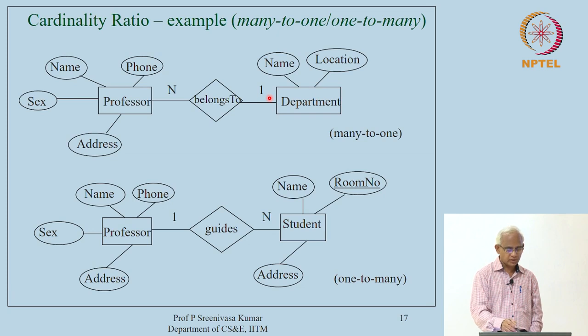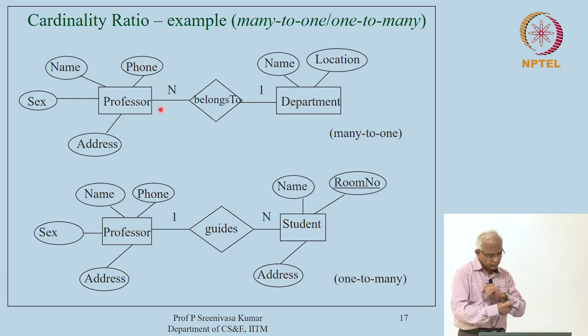Somehow we need to keep track of this information, because that is how the modelers will understand the domain in a better way. And later of course, we will see how exactly this will influence the design of the actual relational database system.